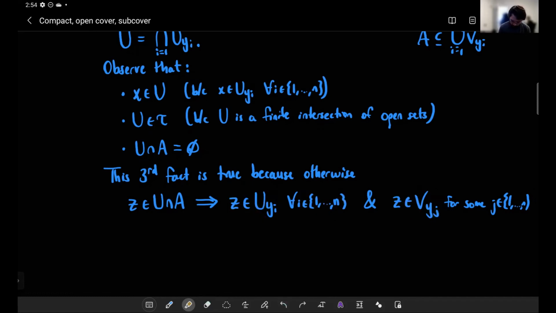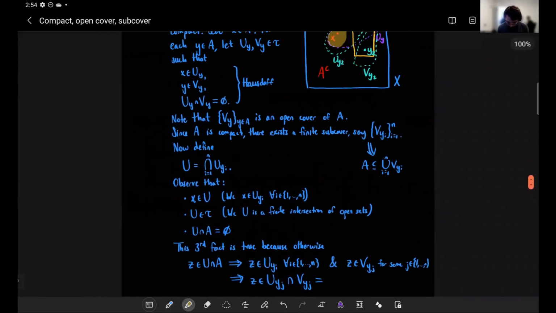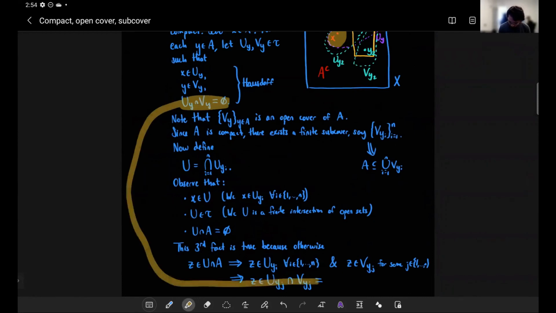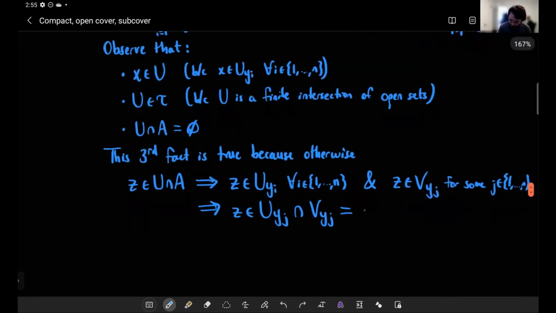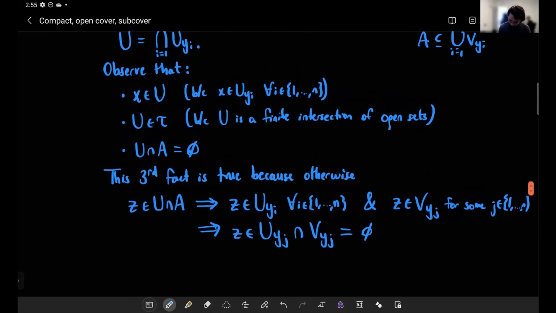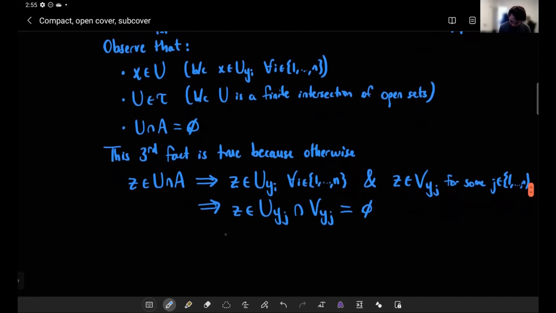So this implies Z is in both U sub y sub j and V sub y sub j, but lo and behold, Hausdorff kicks in and says that's not possible. The intersection between that pair was guaranteed to be empty. I picked those sets to be disjoint. So that's a contradiction. Let's do a little lightning bolt for contradiction. Meaning, yeah, this has to be true.